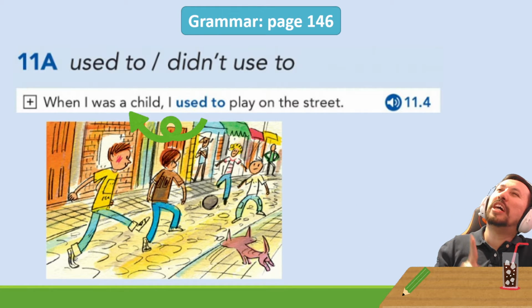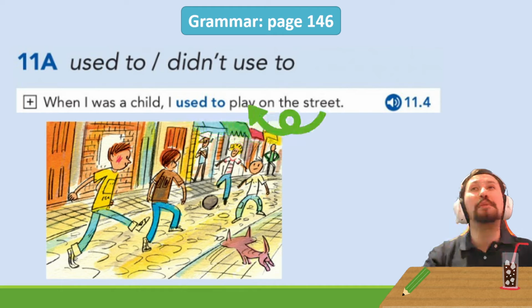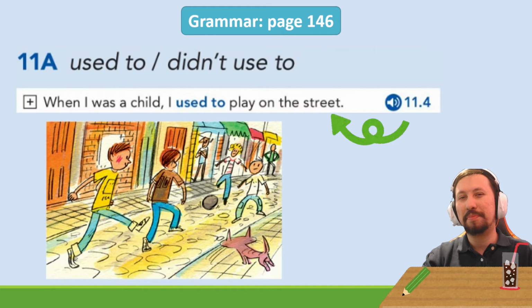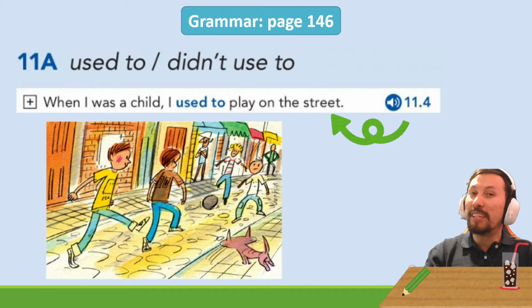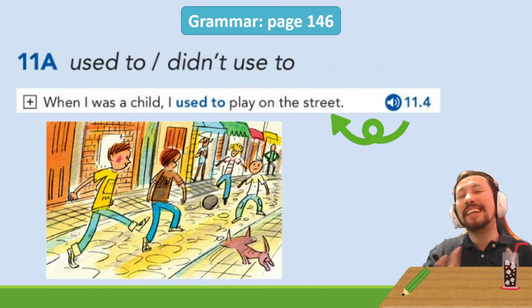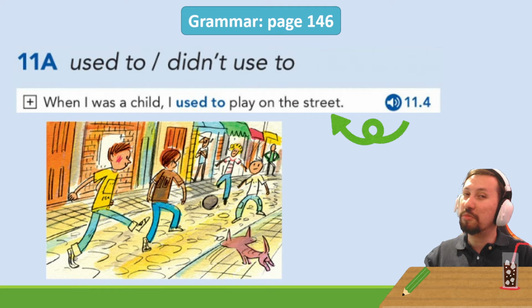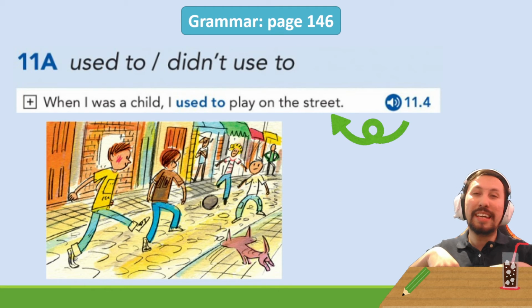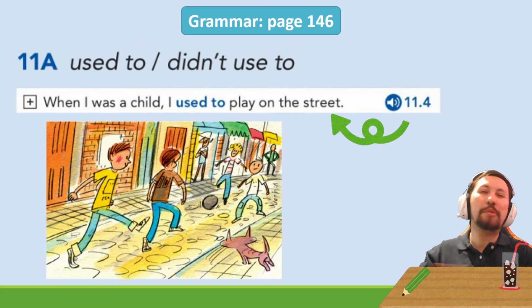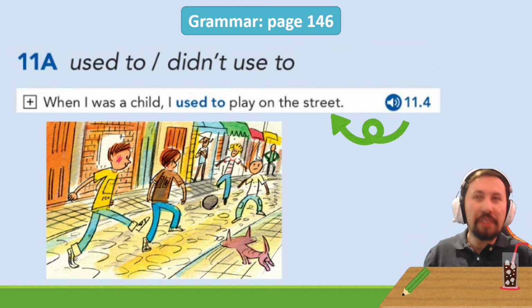When I was a child, I used to play on the street. In this phrase, we are talking about the past, yes. But it's like, yes, in the past, I played soccer on the street. But nowadays, in the present, not anymore. I don't have time, or I have other occupations, or I don't like soccer anymore, whatever reason.